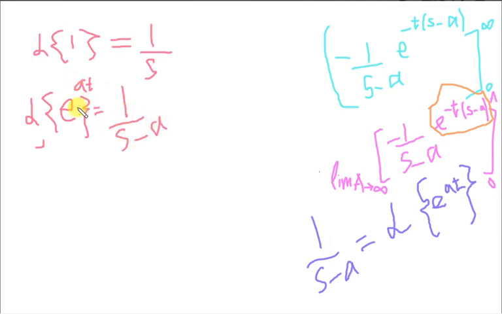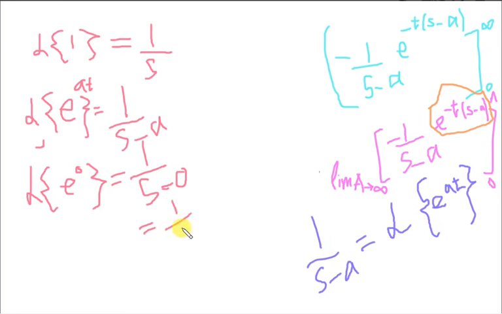So let us put a is equal to 0. When we put a is equal to 0, e raised to power 0 is 1, and 1 over s minus a becomes s minus 0, which is equal to 1 over s, and the Laplace transform of e raised to power 0 is equal to 1. So we got this equation.